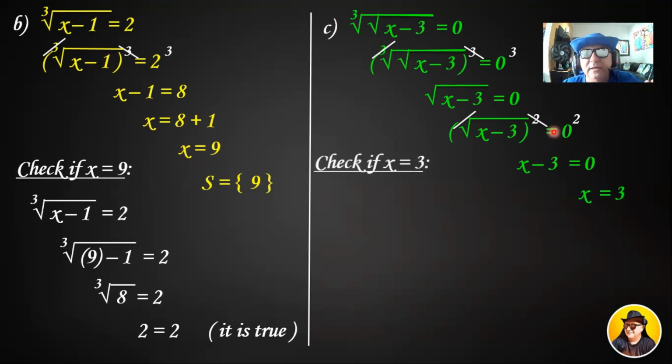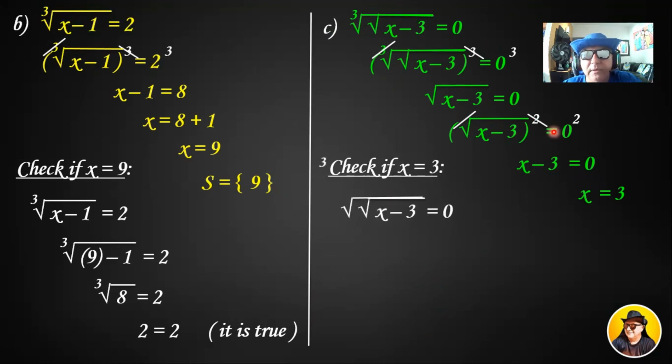Let's check if x is 3. Yes. So x is supposed to be 3. So let's replace. Well, 3 minus 3 is 0. And what is the square root of 0?